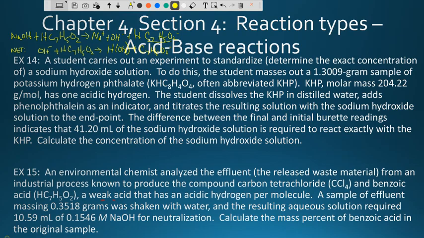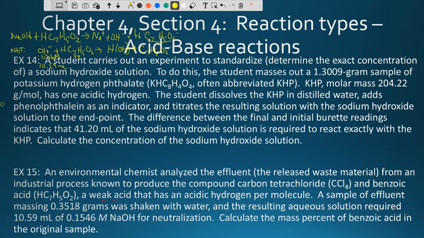Now, in the whole problem, it's asking about the hydroxides in here. With this, I have 0.1546 molar, and I have 10.59 milliliters. I'm looking for this, okay, just so you don't get lost in everything.